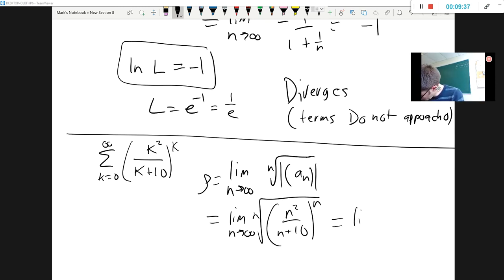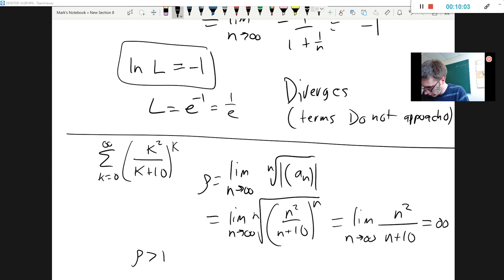And so we're going to be left with the limit as n goes to infinity of n squared over n plus 10, since the 1 over n, the nth root part, will cancel the n. And it doesn't take a whole lot of work. L'Hopital's rule would be appropriate here, or multiplying by 1 over n on top and bottom to show that that is equal to infinity. And that means that we have rho greater than 1, so we have a divergent series. All right, so those are 3 examples with the root test.